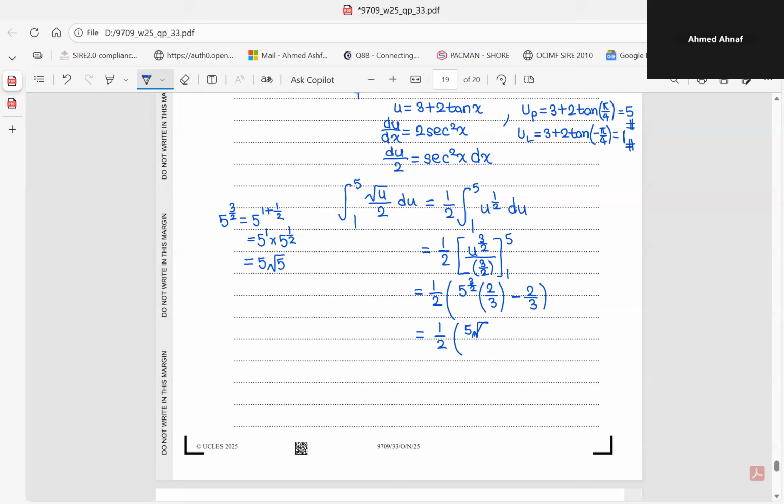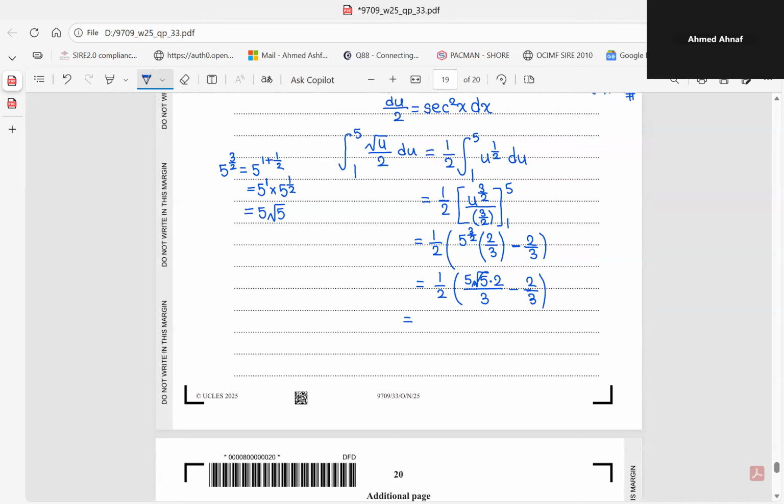Times 2 over 3 minus 2 thirds. Okay. Then you would get, so we can factor out thirds. Half times (10 square root 5 minus 2) over 3.